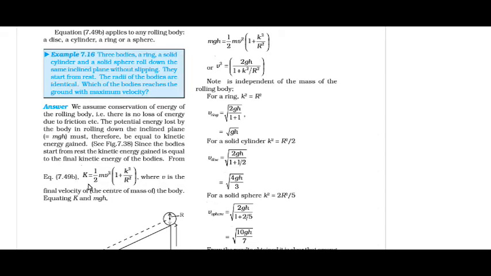So final kinetic energy of the body is equal to half mv square bracket 1 plus k square by r square, where v is the final velocity of the center of mass of the body, equating K and mgh.